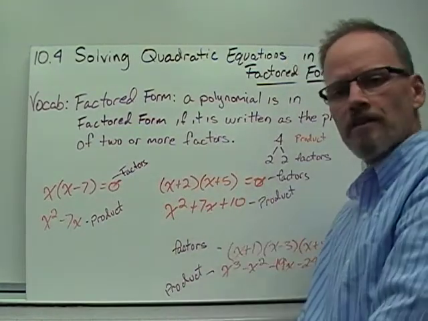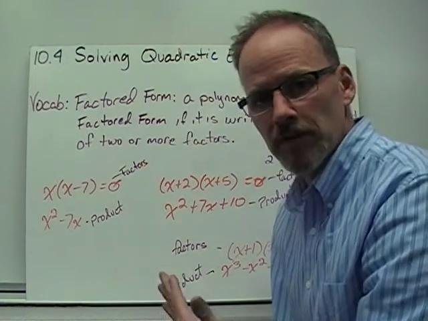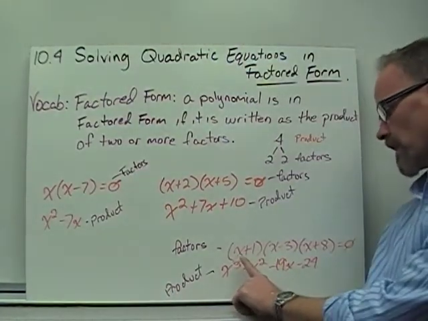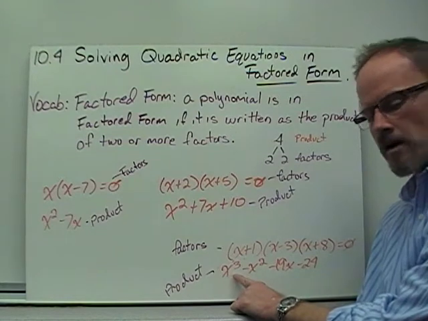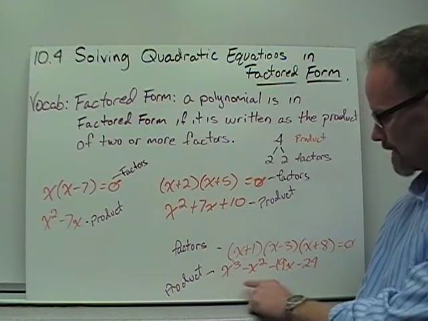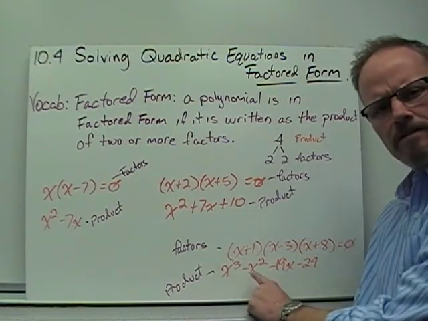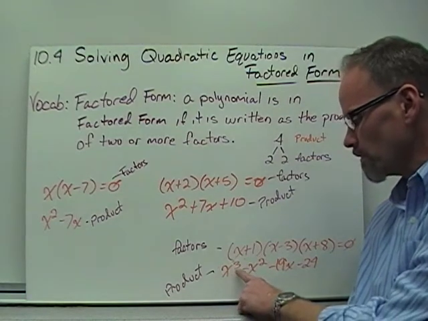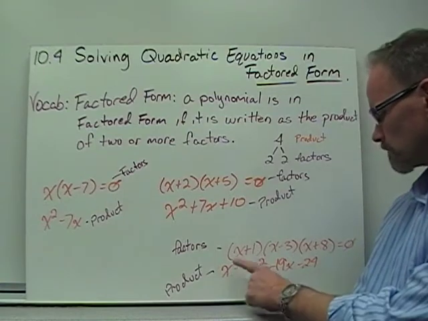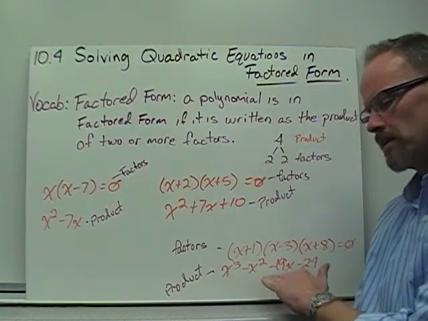Now, how many factors can I have? Oh my goodness, we can have a bunch. Here's one with 3 factors. This thing comes out with a degree of 3, 3 x's right there, kind of a hint.